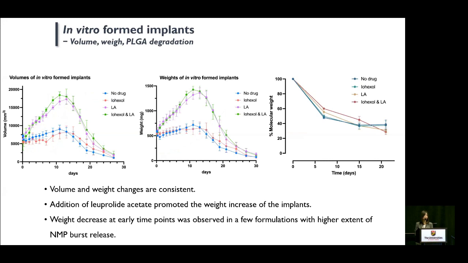You see a very consistent trend for the implants, with the two curves on the bottom, blue and red, showing no drug and iHexol. You see that very fast phase inversion gives you not much volume increase, and the drug release and solvent release happen very quickly, and then you get water influx.